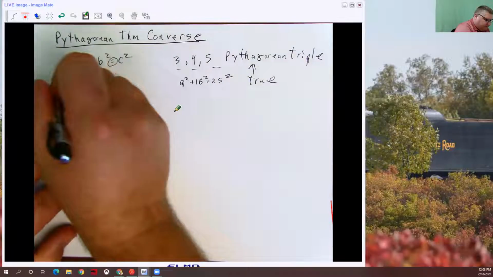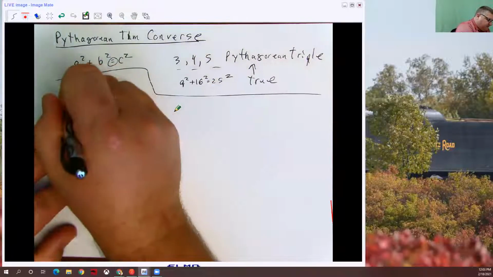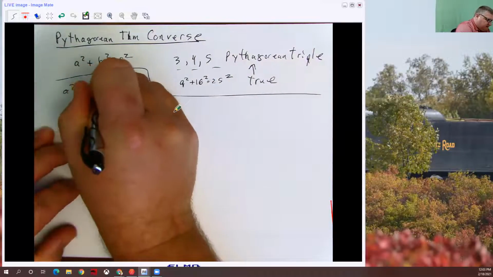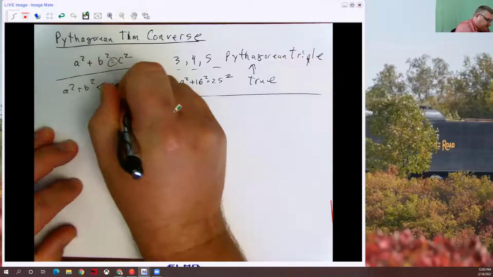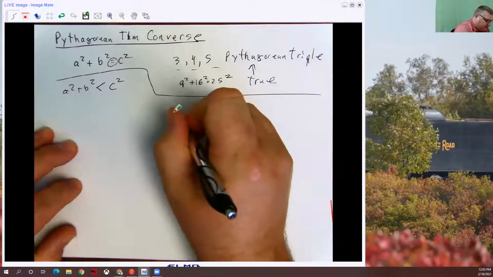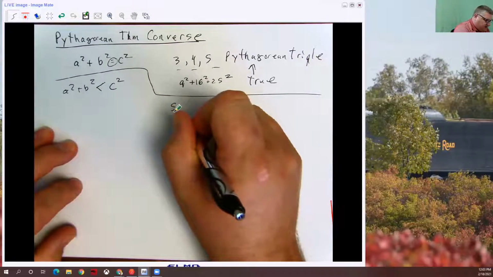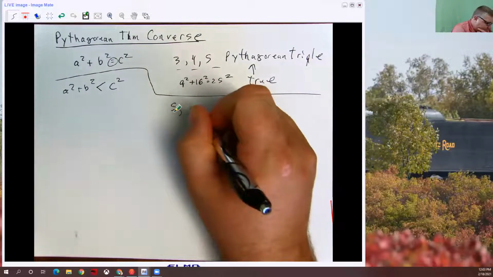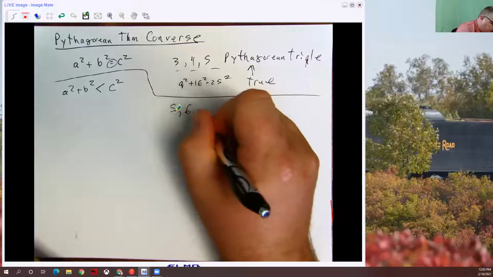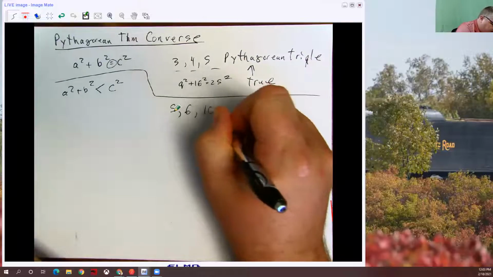What happens if a squared plus b squared is less than c squared? So for example, I have 5, 6, 10.